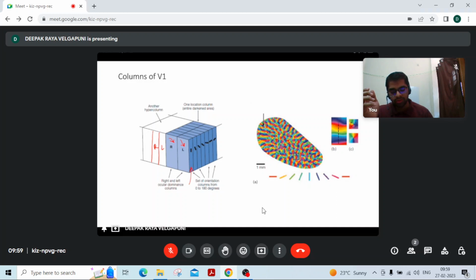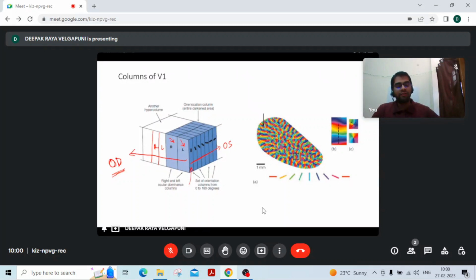These columns are called orientation selective columns, and these columns are called ocular dominance columns. The cells in this area receive input from both eyes, but dominantly from the left eye or dominantly from the right eye. That is how the naming came, ocular dominance: which eye dominates the space in that particular column.